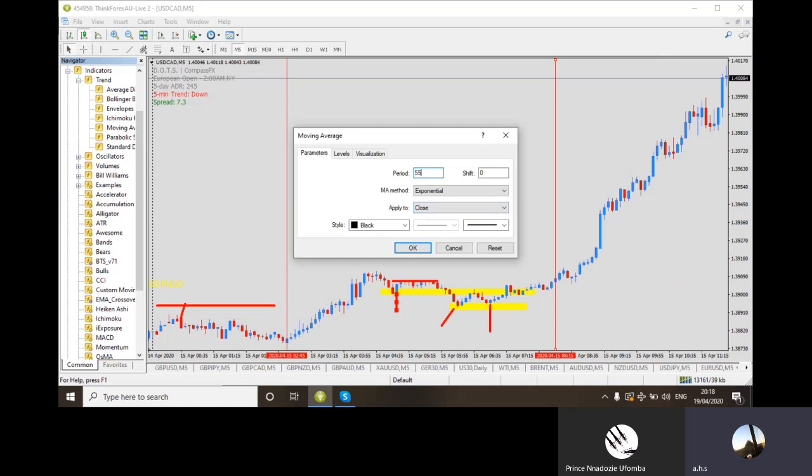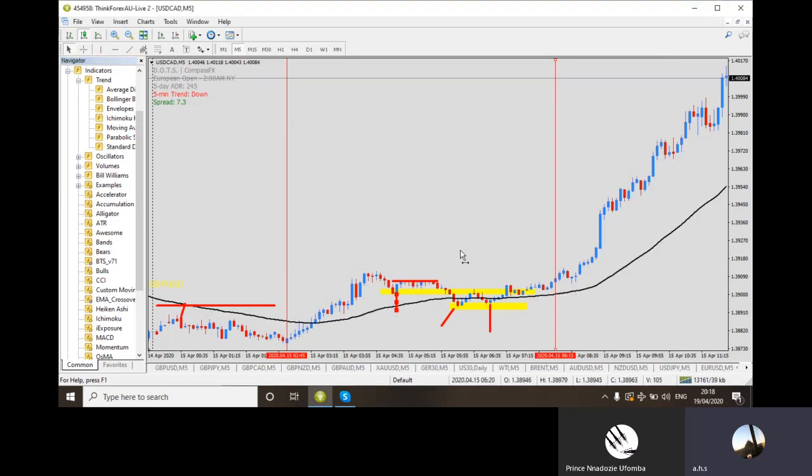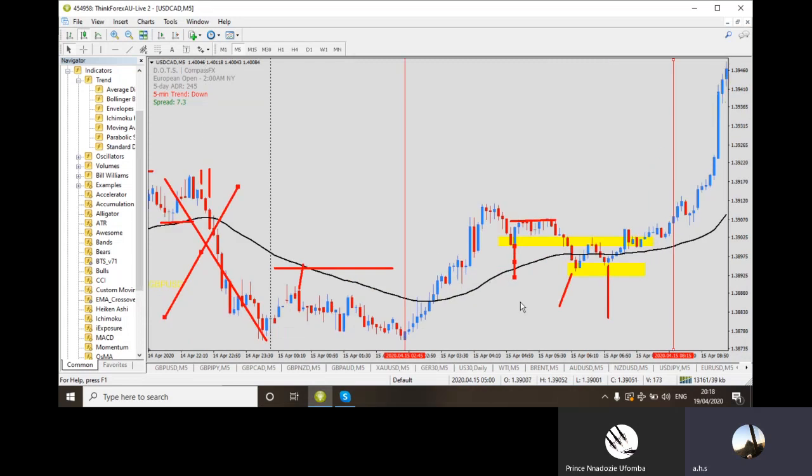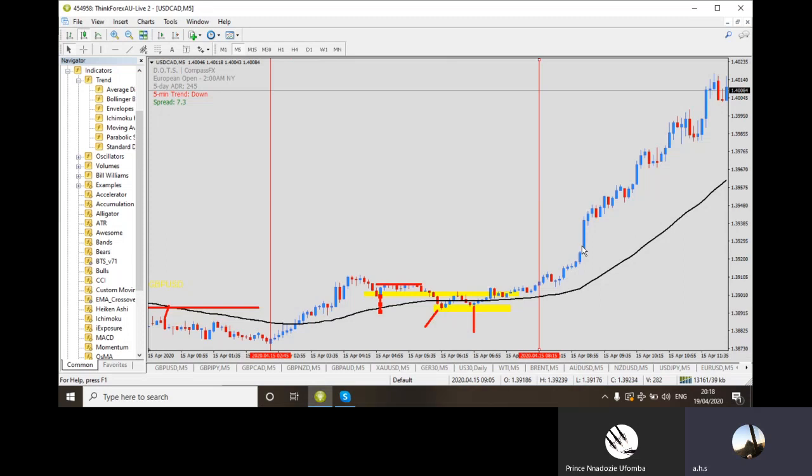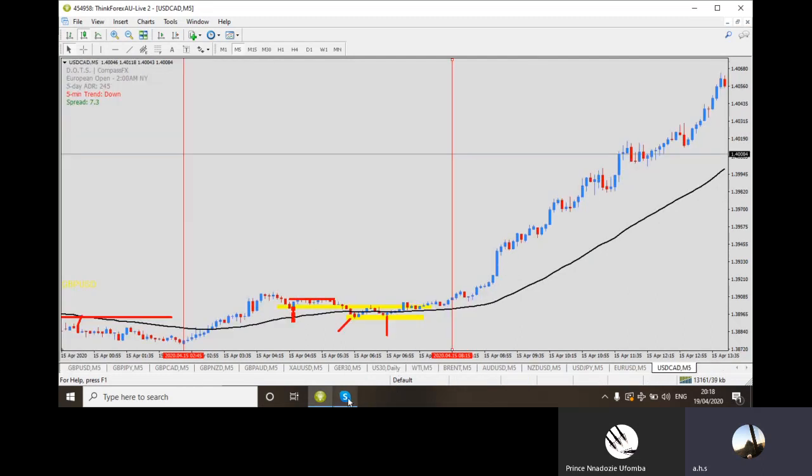Right, we'll put a 55 on. See that? It barely breaks the 55, it holds the 55. So when you use the guppies or a certain strategy method, you have a way to keep you in the trade. But then again, higher low, higher highs, price action also, all together, used with the method, works to keep you in the trade.